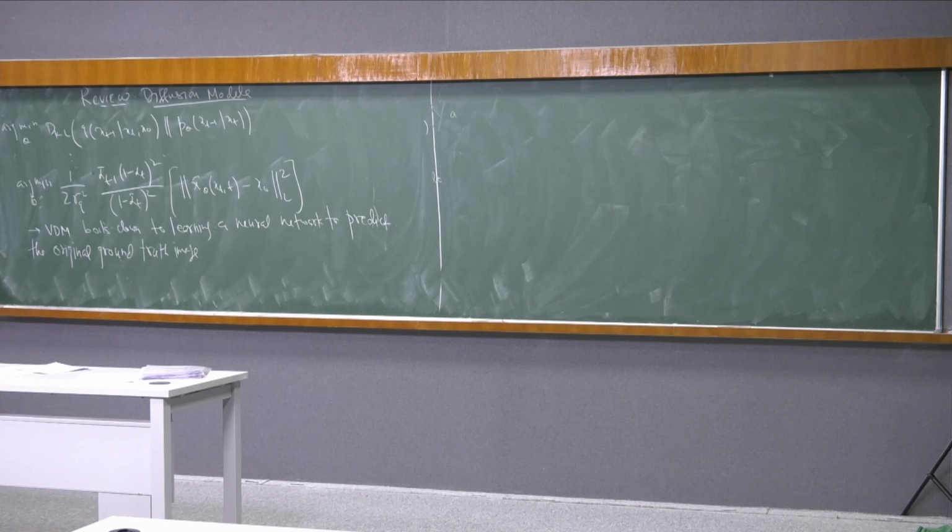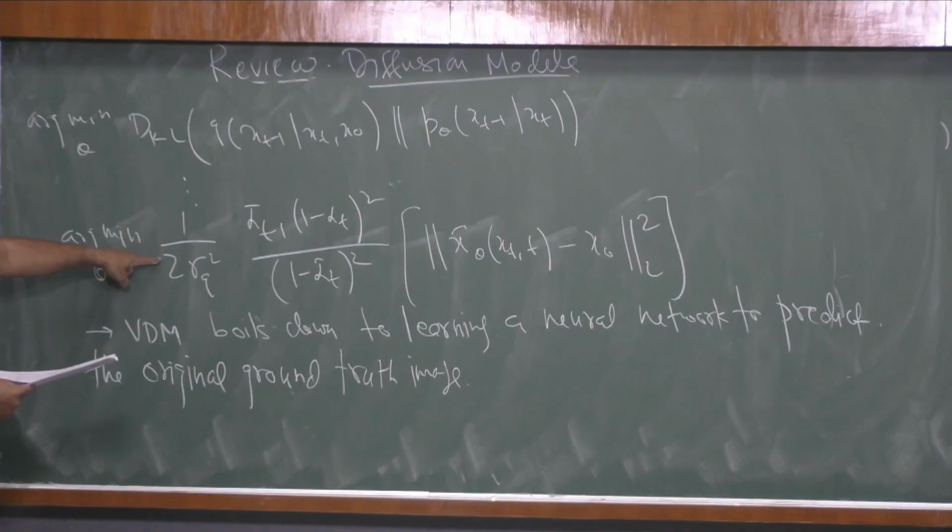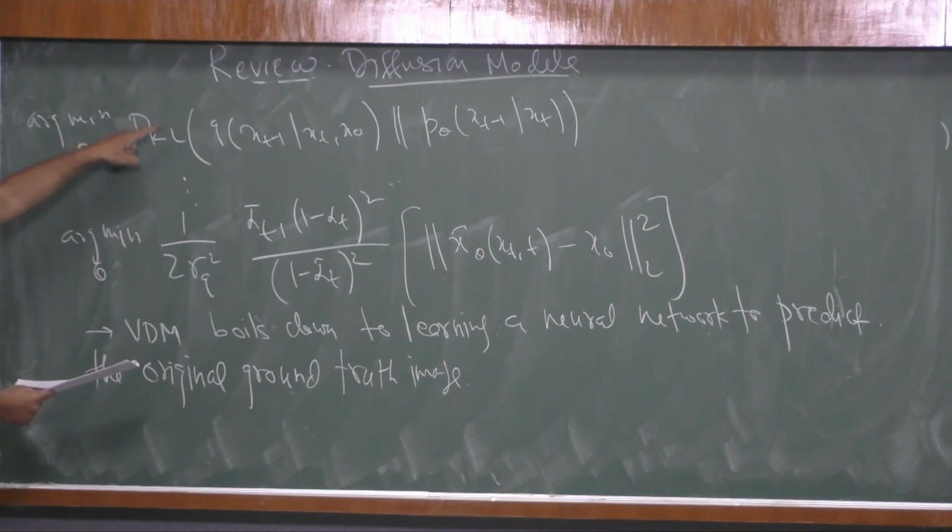So before I go ahead, this was one of the terms in the evidence lower bound. If you recall, there was a summation, and this summation was going from t equals 1 to capital T. So basically we have to take an average of this. So sum is kind of average, right? So what we can do is take an expectation over t.